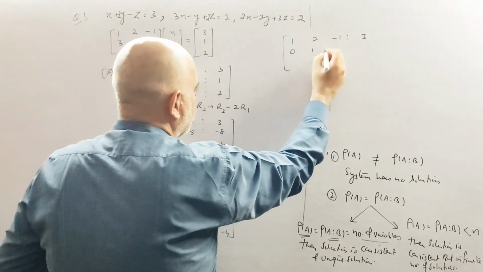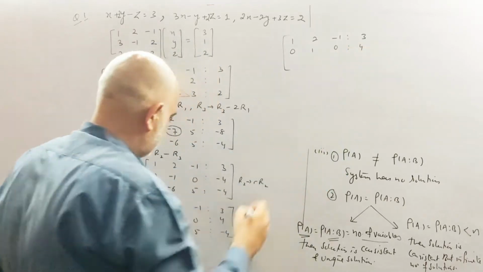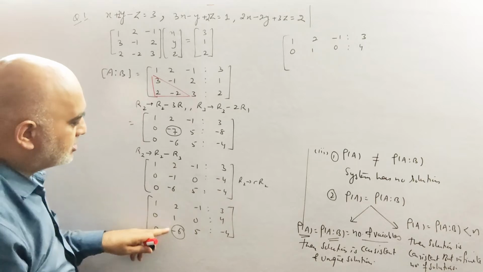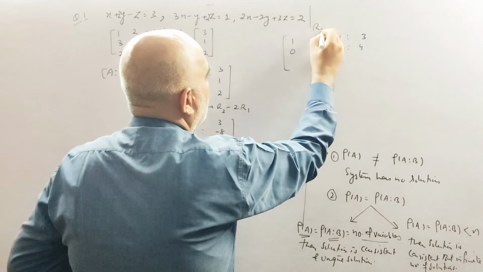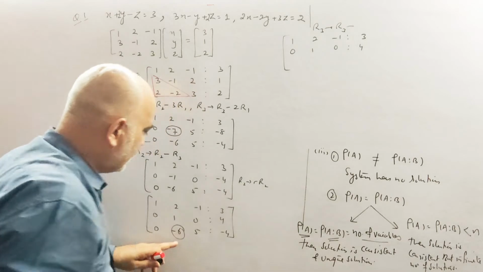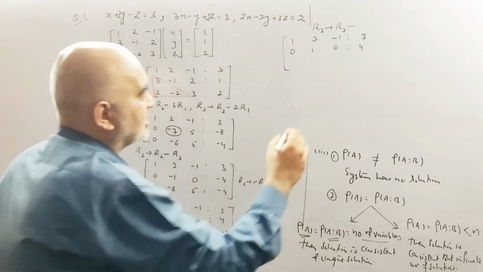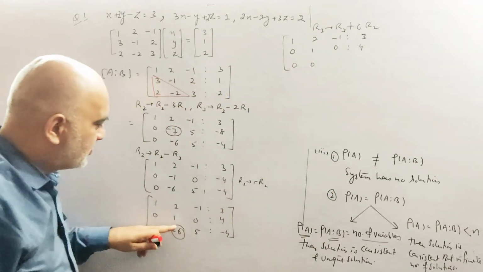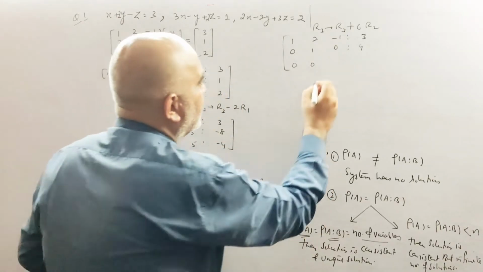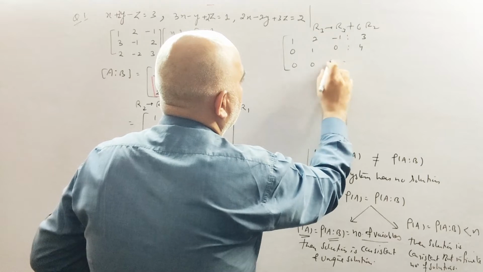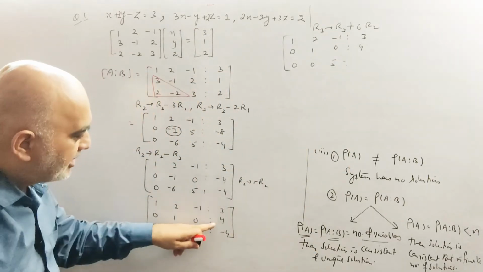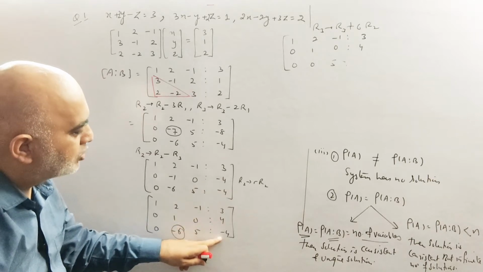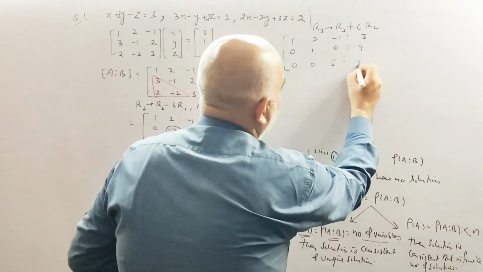First row is same. Second row is also same. And whenever you take the operation R3 changes into R3 plus 6 times of R2, we get 0, 0 at this place, multiplying this with 6, adding to this 5, and multiplying this with 6 and adding into minus 4, that is 20.